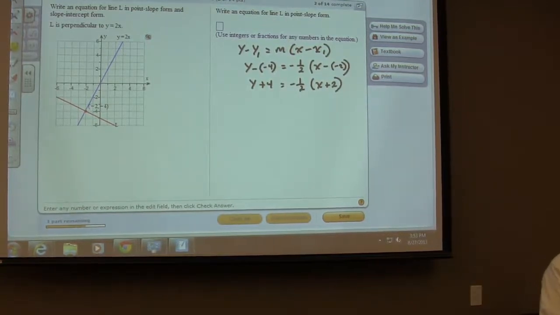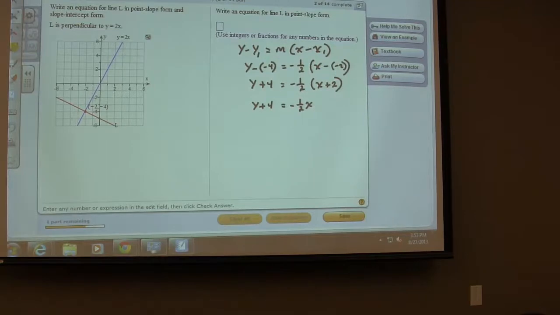What about slope-intercept? Well, remember we solved for y to get there. So this becomes y plus 4 is equal to -1/2 x. Well, what's half of 2? That's 1, but it's negative. So it would be -1. Now we want to move the 4, so we're going to subtract 4 from both sides.